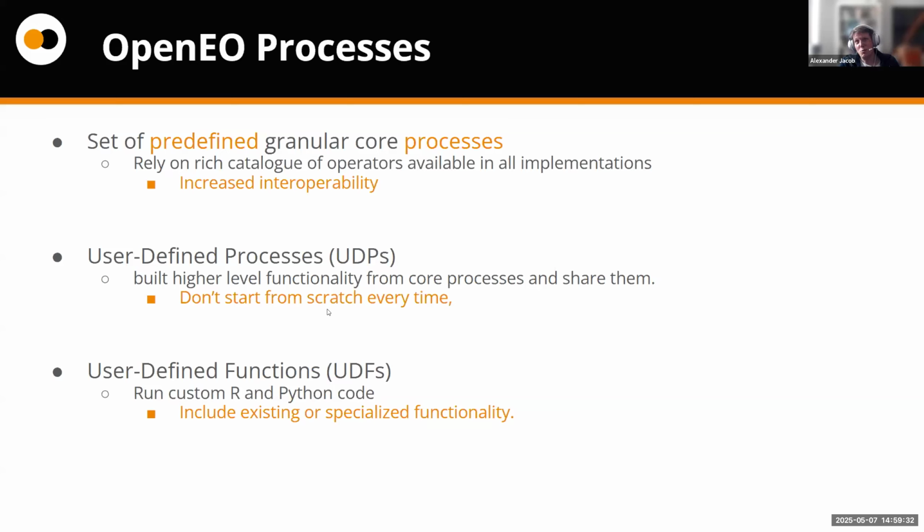Sometimes, if there are new workflows or tools that are needed, it's also possible to include your own custom scripts in the form of user-defined functions, currently supported in R and Python code, to extend the functionality where there's not already a predefined process available, basically.